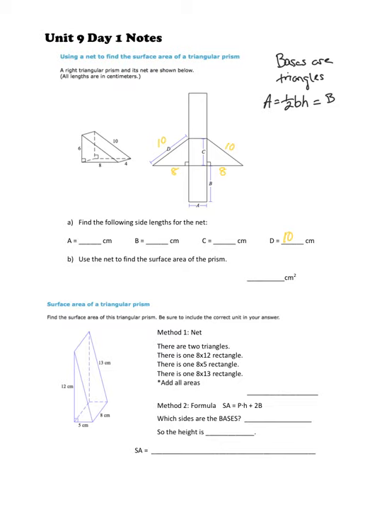The height of my triangle is 6, and that is C. The small leading edge is 4. That would be A. 4 up there. And these long sides, B, they are 10 because they connect.